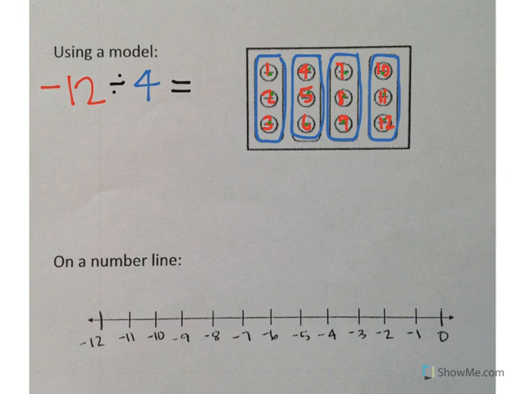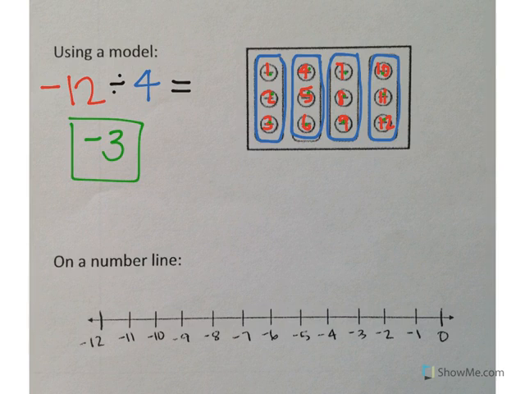There are 3 negative counters in each group of 4. So negative 12 divided by 4 equals negative 3 because there are 3 counters representing negative integers in each group.